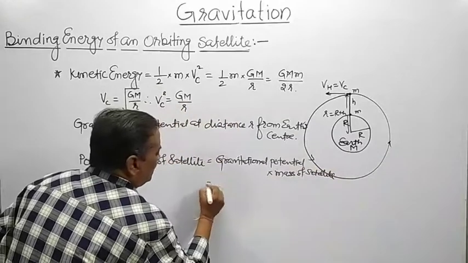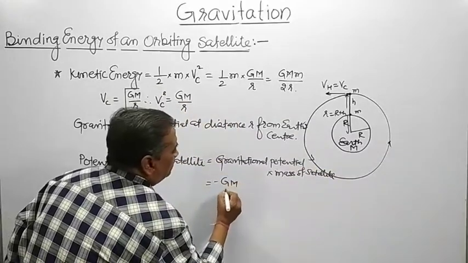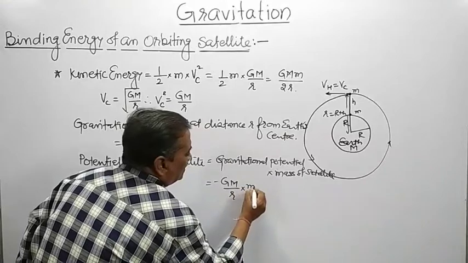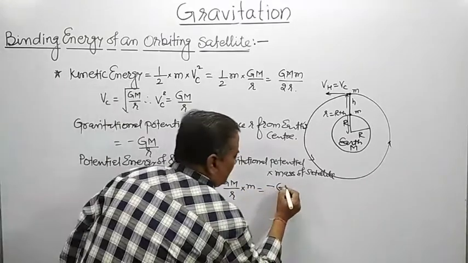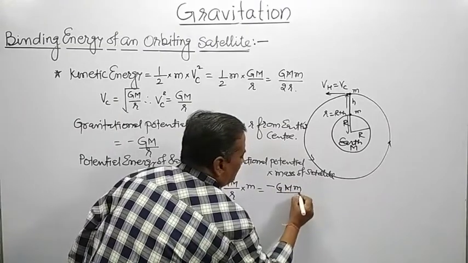What is the gravitational potential? Minus GM divided by r. Mass of satellite is m. So the net potential energy of the satellite is minus GMm divided by r.